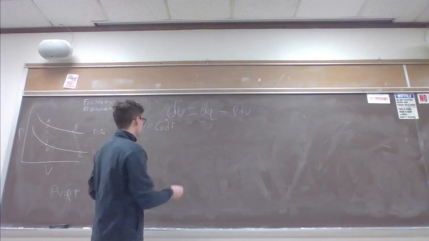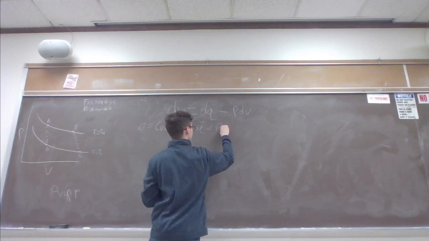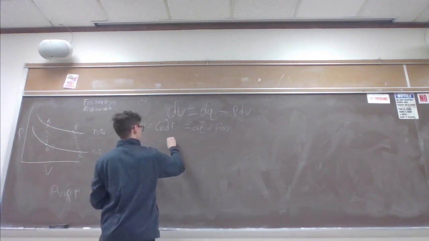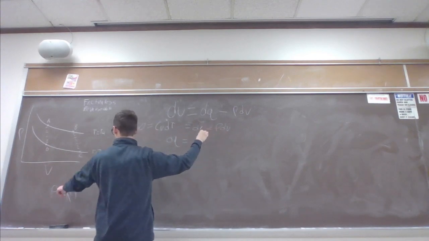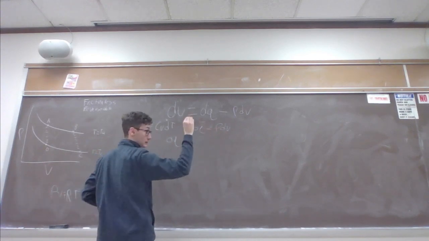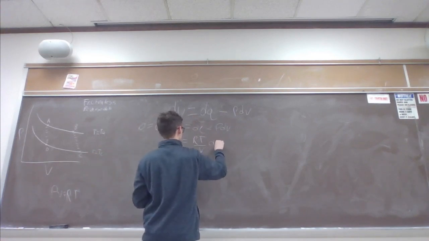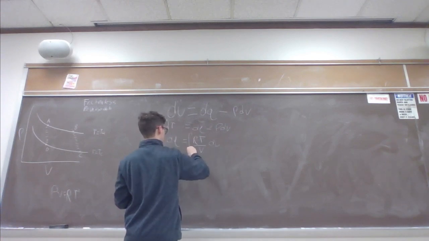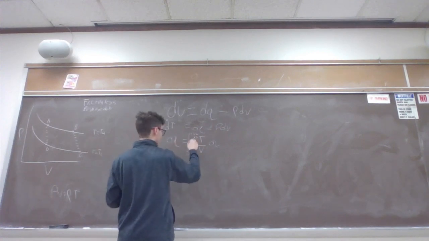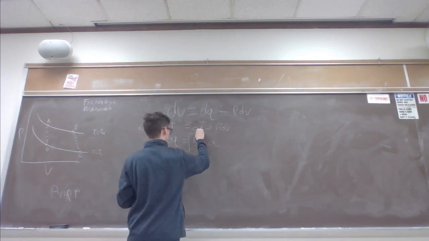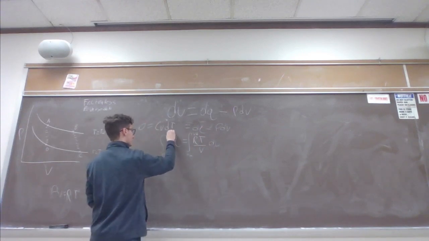And now we're going to have dQ. So we're going to have dQ minus P dV, which ends up equaling 0, so dQ equals P dV, which we know as RT over V. So it's going to be RT over V dV. Now we're going to take the integral with respect to V from V1 to V2, with V1 being VA and V2 being VB.